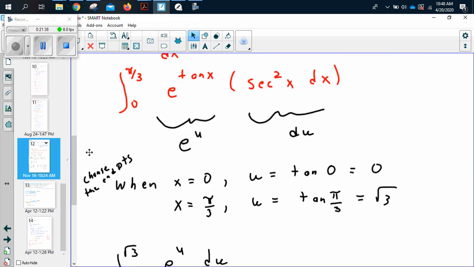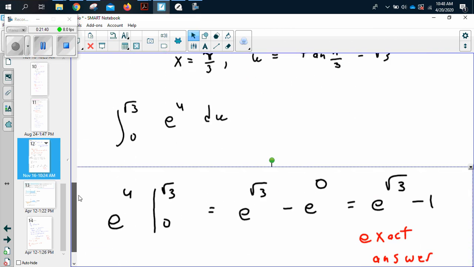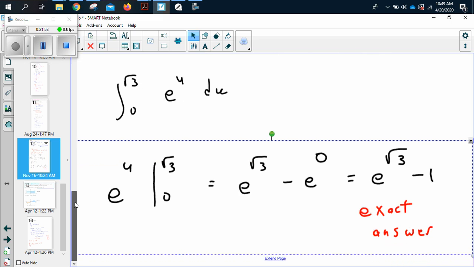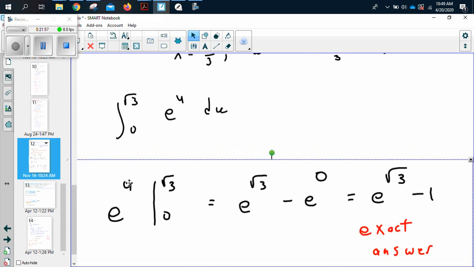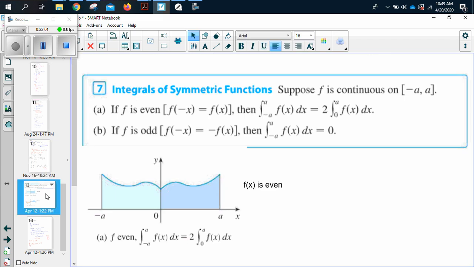And then this is e^u du, with endpoints 0 to square root of 3. The antiderivative of e to the u is e to the u. And then I evaluate at the endpoints. e to the 0 is 1. And so that's my exact answer. I also could have, at this point, reversed the substitution and used the original endpoints.